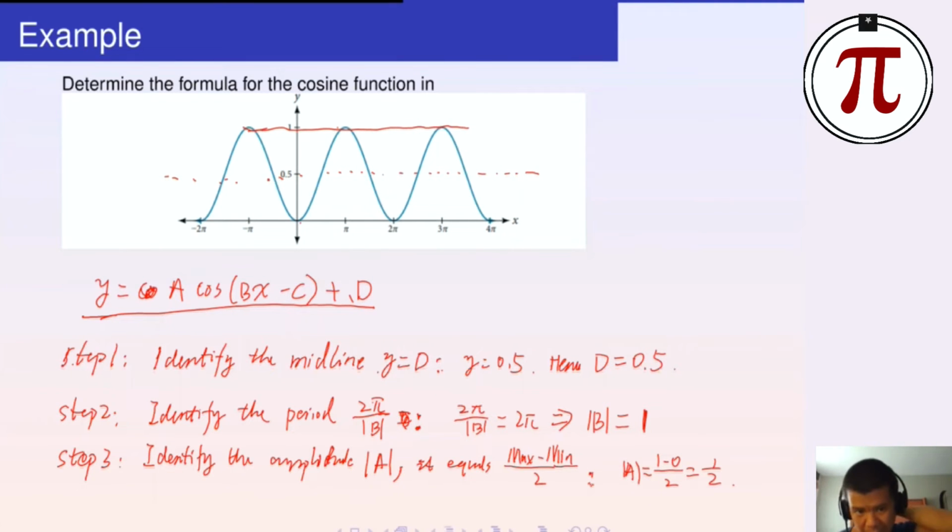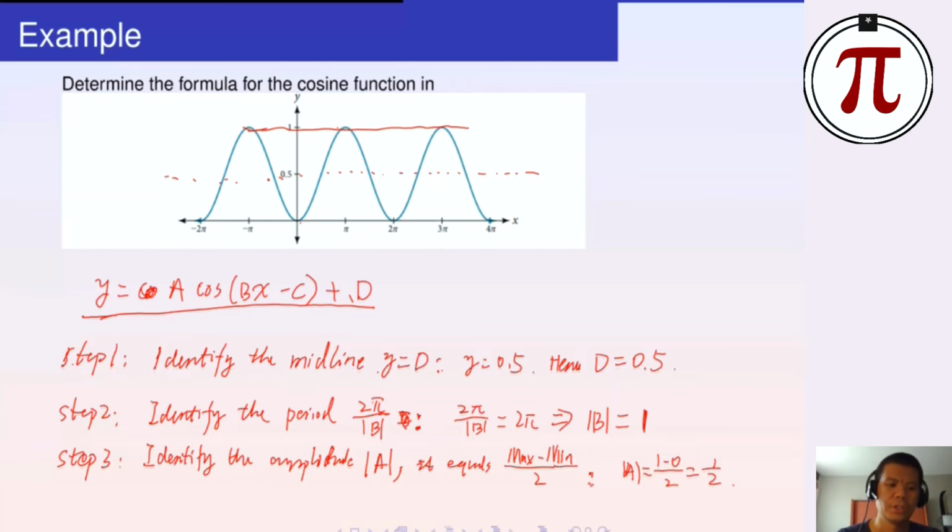Next, we are going to identify the value for C. To identify the value for C, what we can do is set the value x to 0 and see what we get.